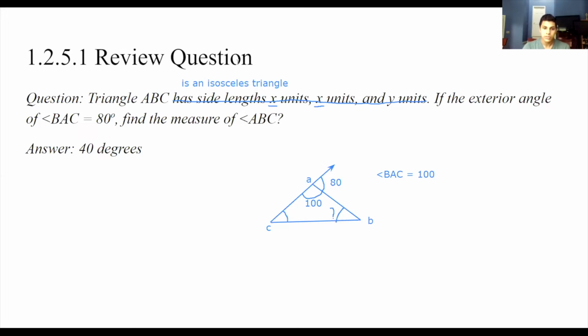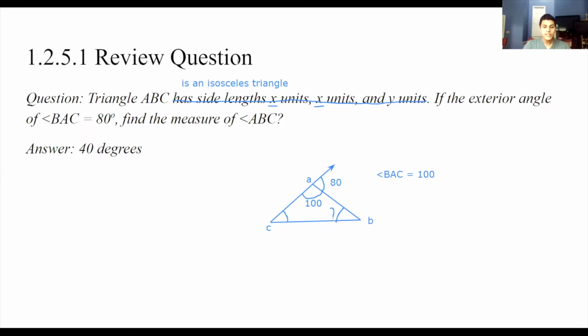And I don't know that much about the triangle, so there's not a lot of ways to do that. But what I do know, what they told us in the question, and they must have told us this for a reason, is it's an isosceles triangle, which means that the triangle that we're talking about, triangle ABC, has two angles of equal measure.